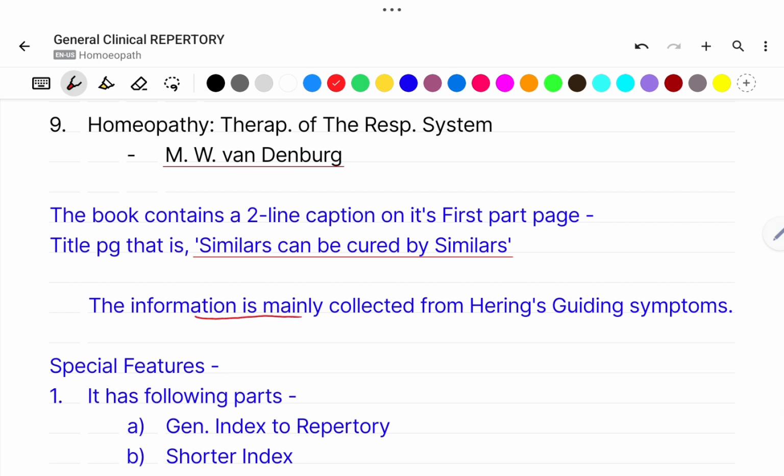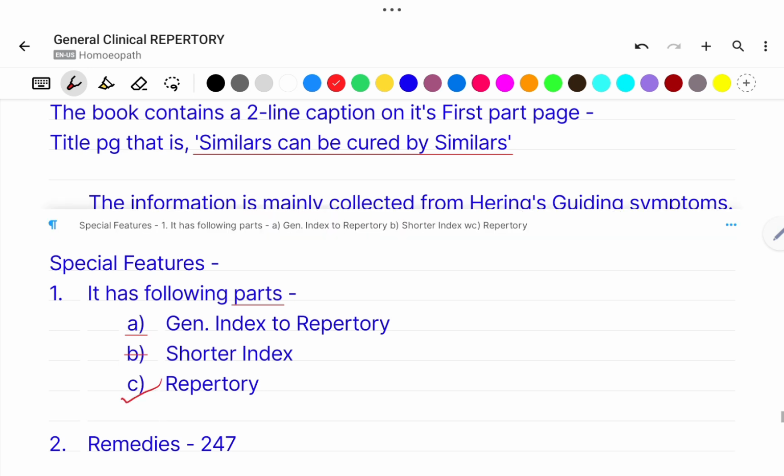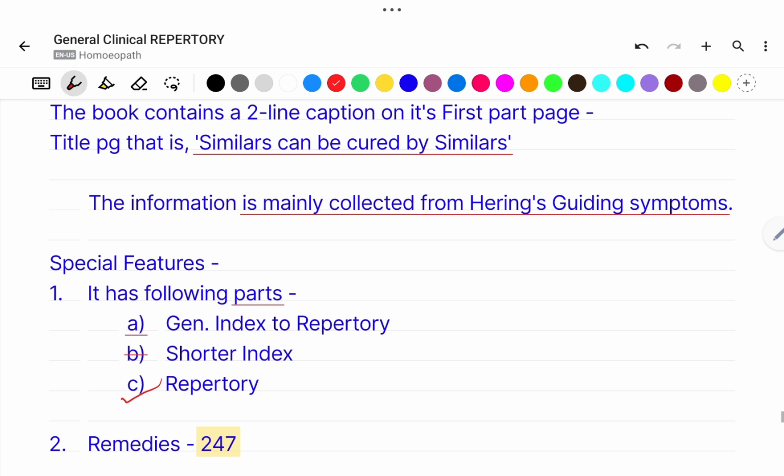The information is mainly collected from Hering's guiding symptoms. Special features of this repertory are it has the following parts. First part is general index to repertory, second is shorter index, and third is repertory part. And total number of remedies mentioned in this book is 247.